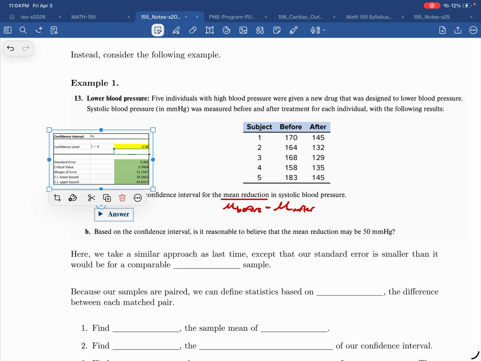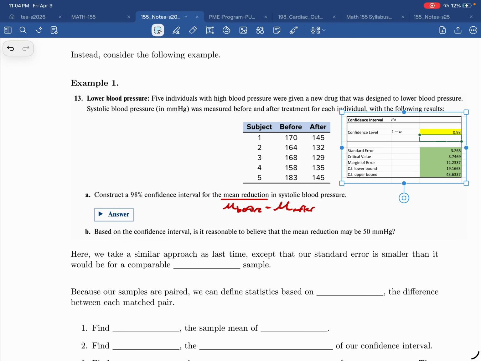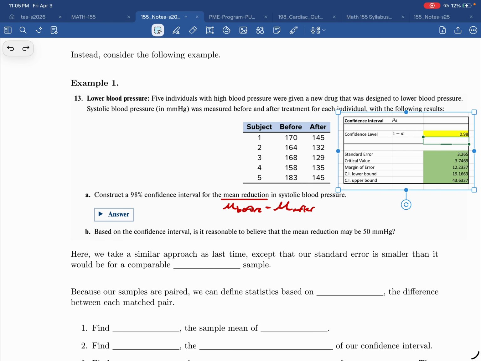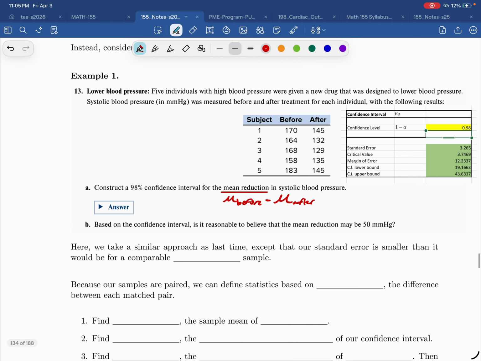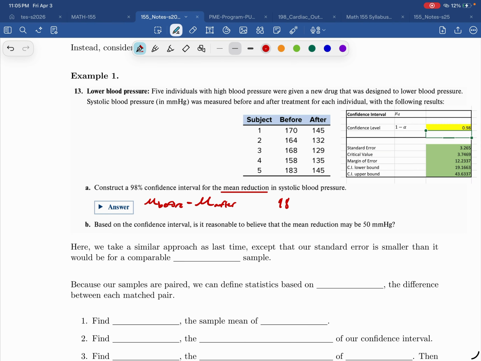Maybe I'll paste it right here, and I'll move this guy over here, and we'll just say 98% confidence interval is, what would you say it is? 19.1663 to 43.6337.